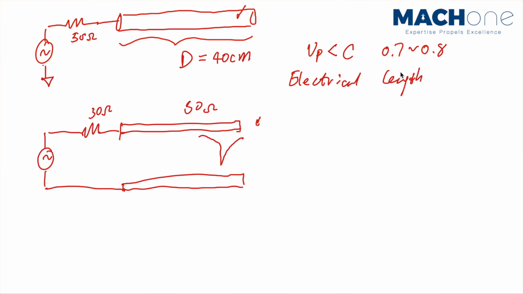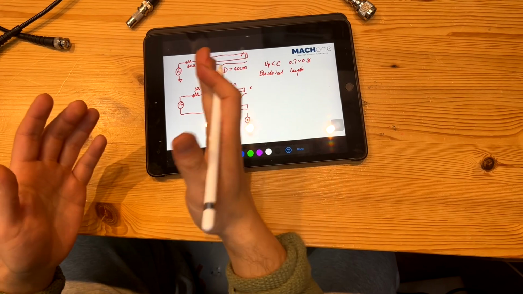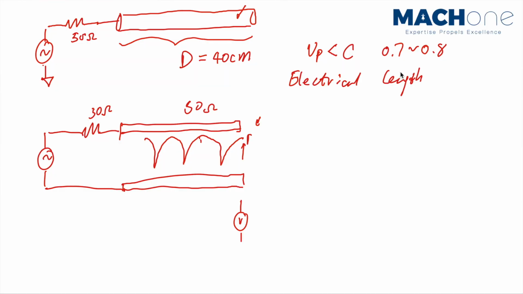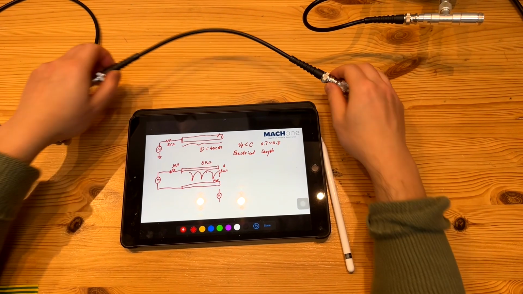I can draw it like this. This is my voltage waveform that I measure, if I have an imaginary voltage meter and move inside the transmission line. I will have peaks and nulls, so my voltage will be doubling, almost zero, doubling, almost zero, depending on frequency, and this is based on an open circuit transmission line.